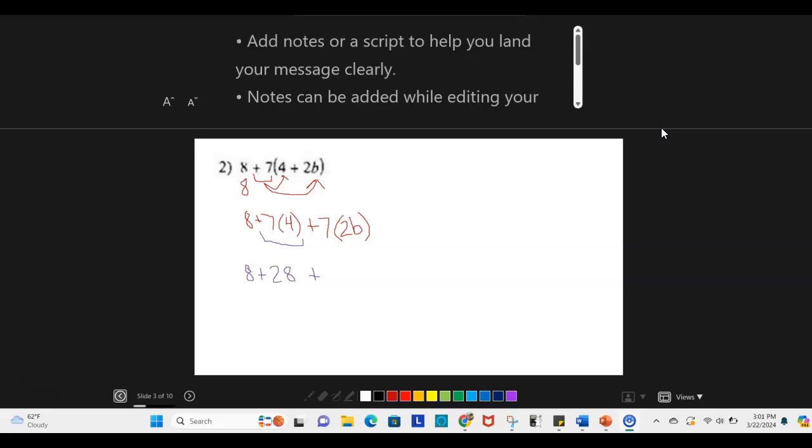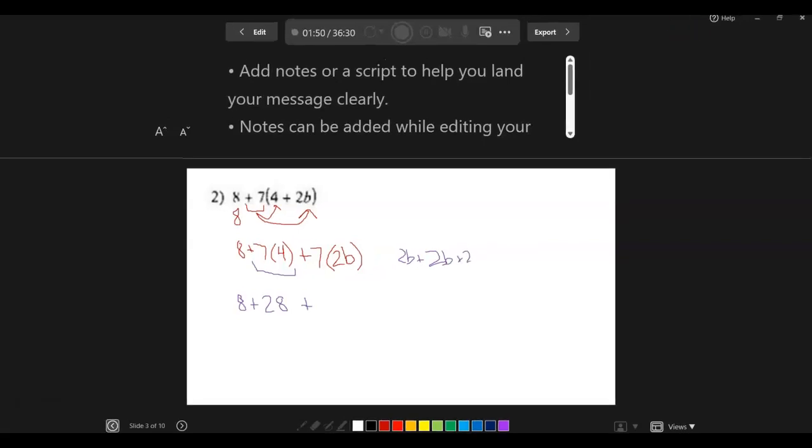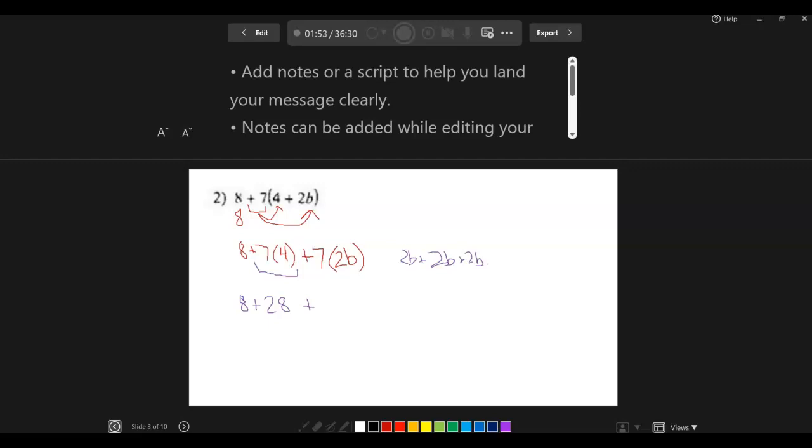That's going to be 2b plus 2b plus 2b, 7 of these, right? 7 of them. So 7 times 2 would give me 14. 14 b's.